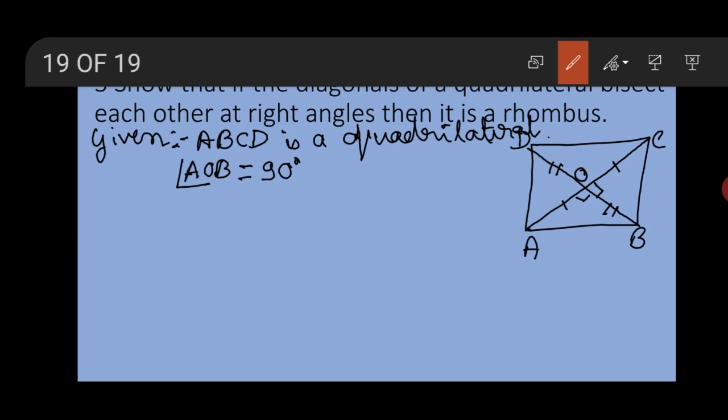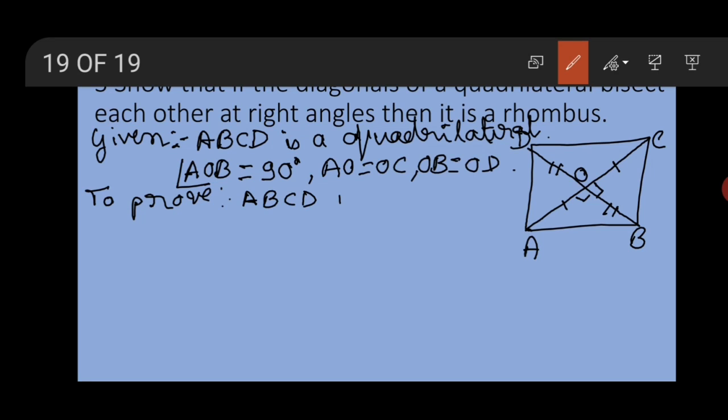Then what do we have to prove? To prove: also remember here it bisects, therefore AO is equal to OC and OB is equal to OD. Now we have to prove ABCD is a rhombus.